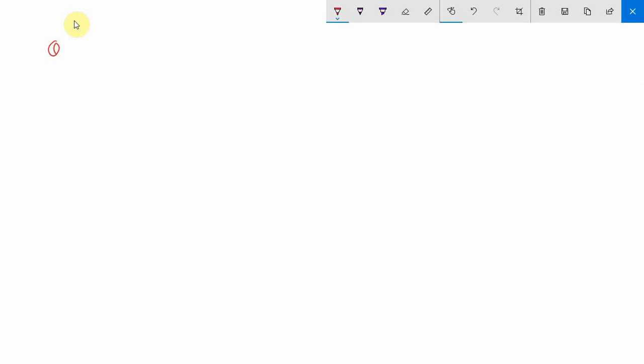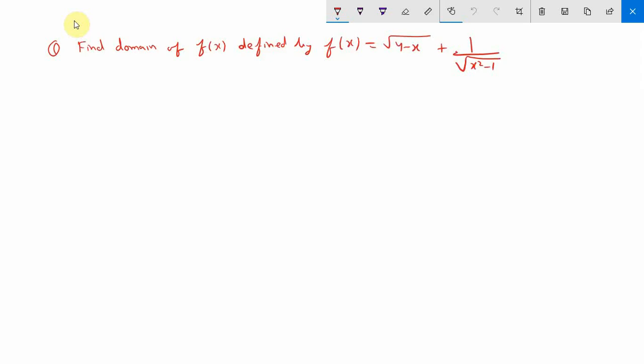Find the domain of the function f(x) defined by f(x) = √(4 − x) / √(x² − 1). So how to solve this problem?